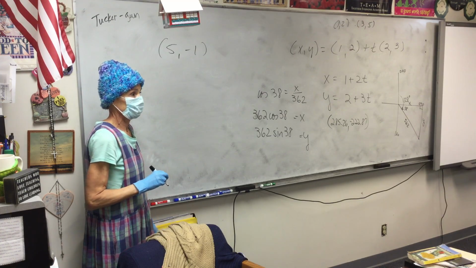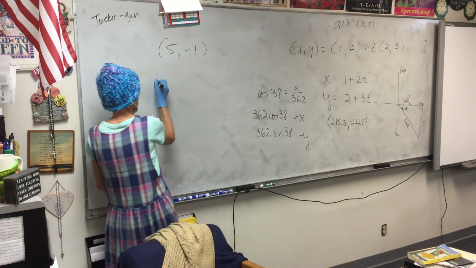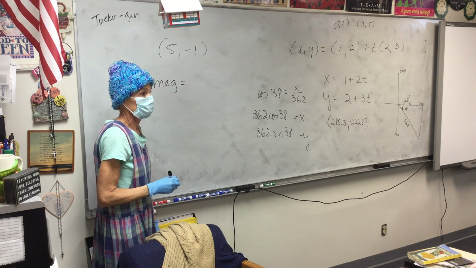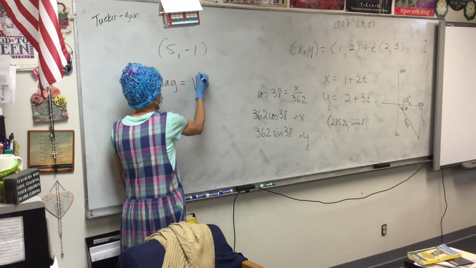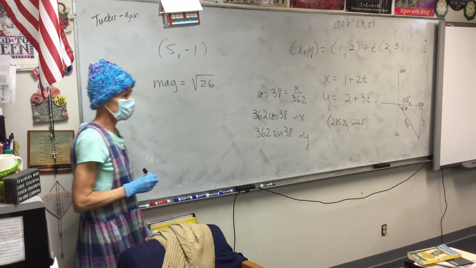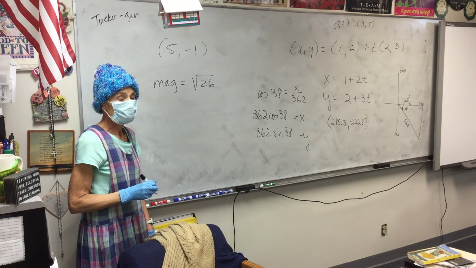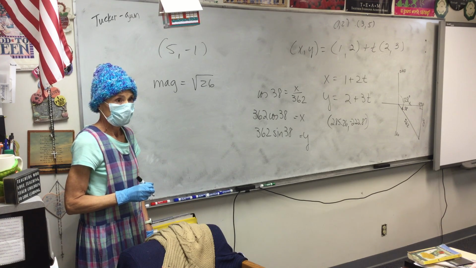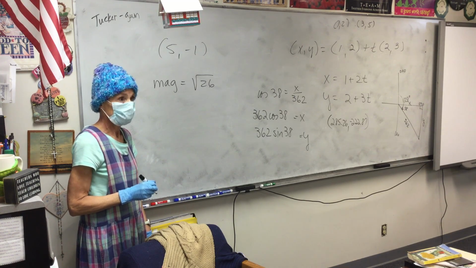All right. How do we find a unit vector in the same direction as 5, -1? What's step 1? Find the magnitude. What will the magnitude of this vector be? Square root of 26? How did I get 26? 25 plus 1.